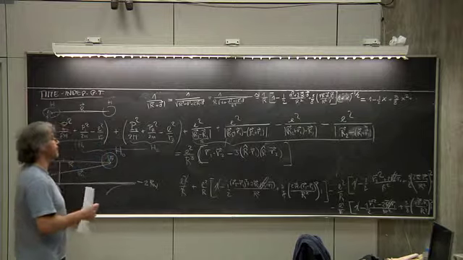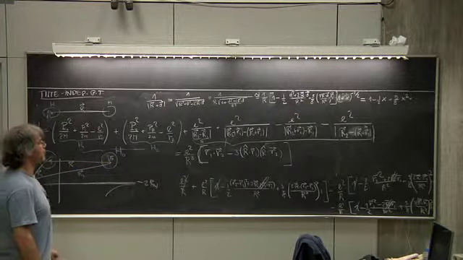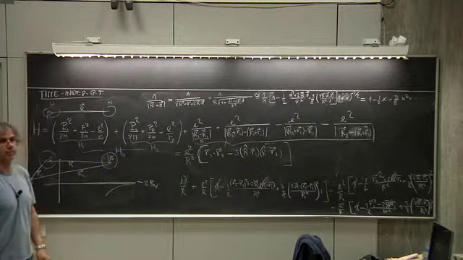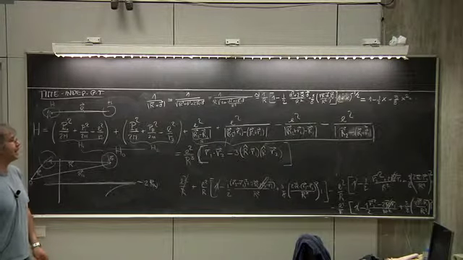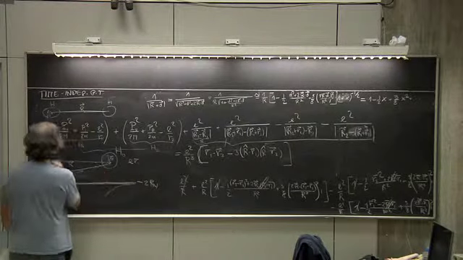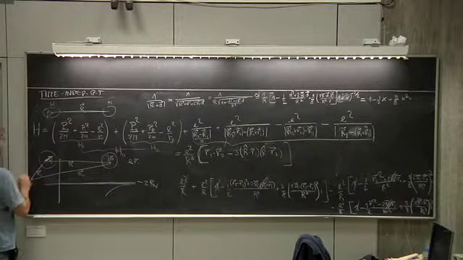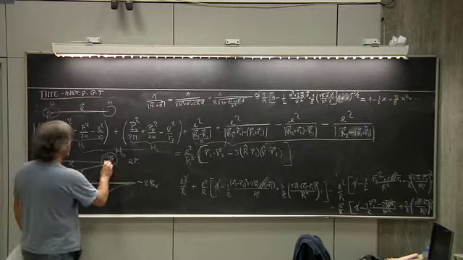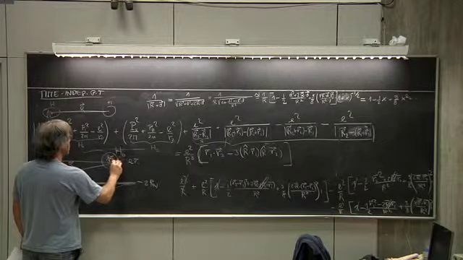Well, it's very late. Let us look at it. You have probably seen it before. This is exactly the interaction between two dipoles. The first dipole is E times R1, okay, is this dipole. The second dipole is E times R2, okay?